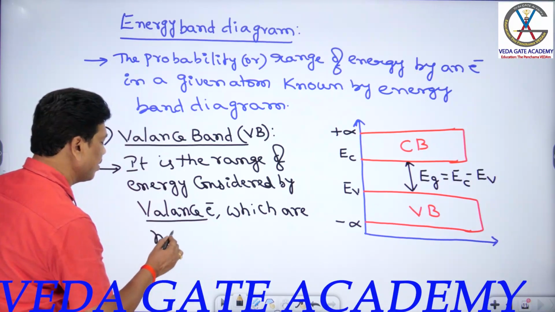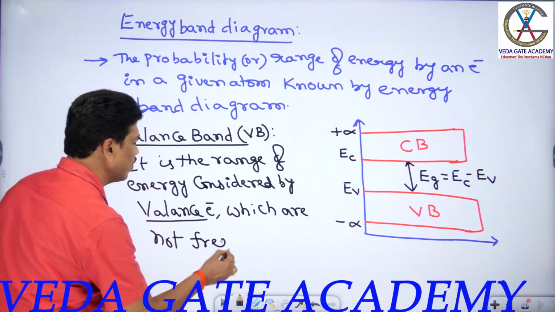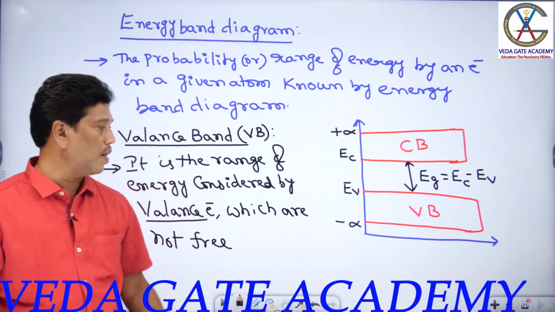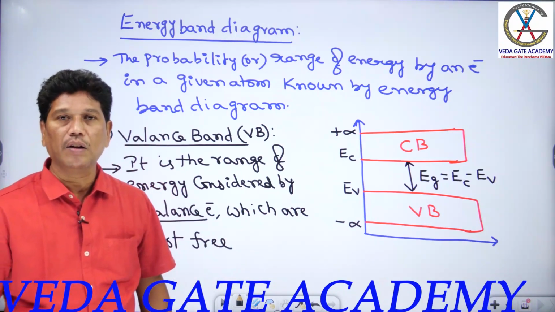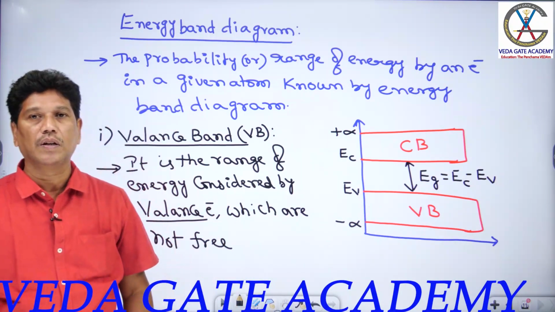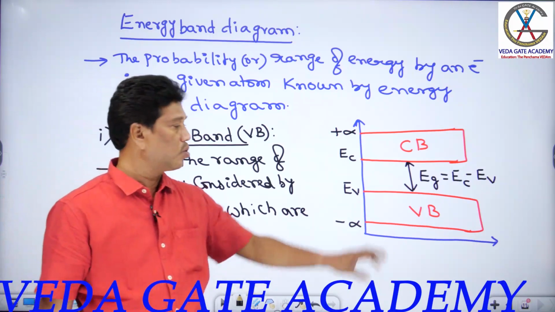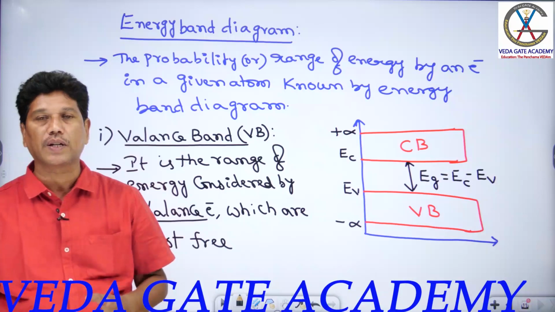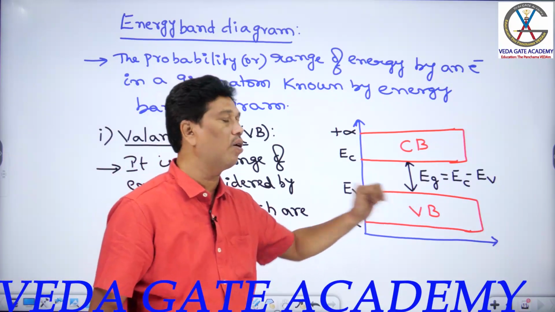So it is the range of energy considered by bound electrons which are influenced by the nucleus. As long as the electrons in the valence band are completely bound with the nucleus, such electrons are not free. That is called the valence band.